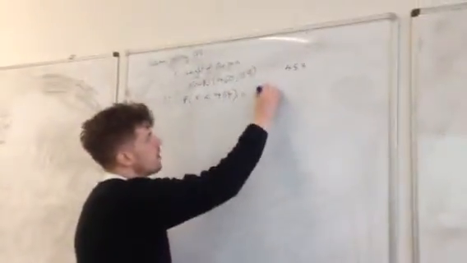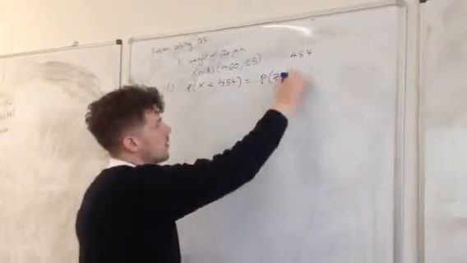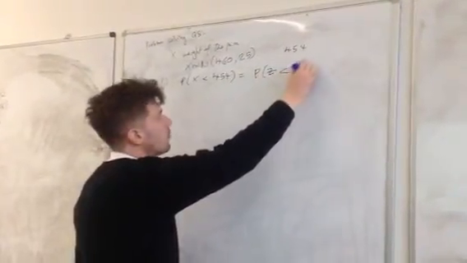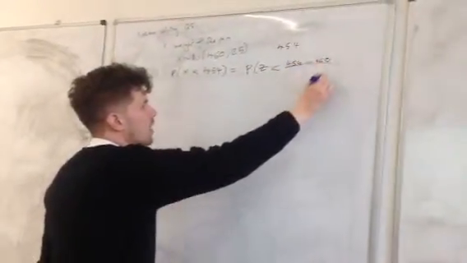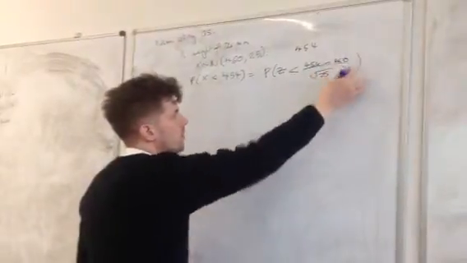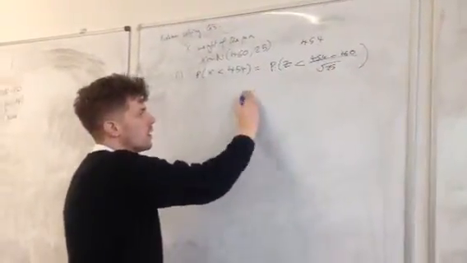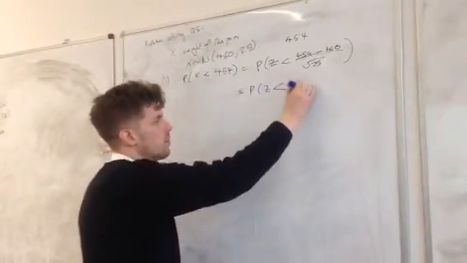We need to standardise. Moving from X to Z, we do 454 minus the mean, 460, divided by the standard deviation, the square root of 25, which is the probability that Z is less than minus 1.2.